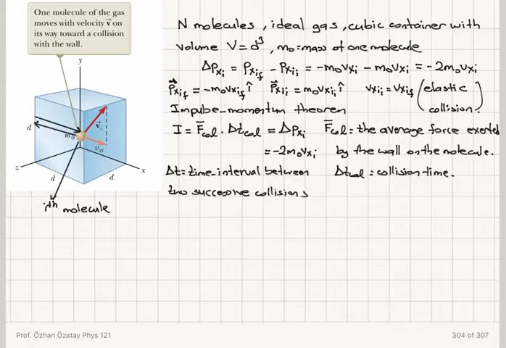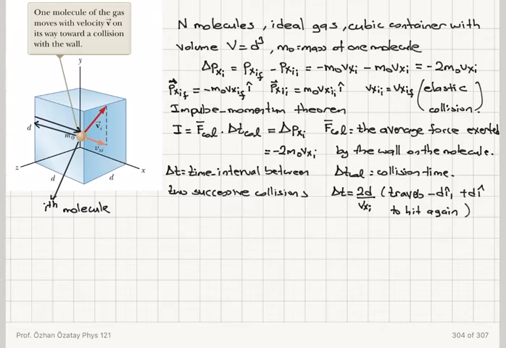So I'm talking about collisions with the same wall and same molecule. Therefore, this delta t is going to be 2d, the distance traveled, divided by vxi, the x component of the velocity of the ith molecule, because the molecule has to travel minus d i hat and plus d i hat to hit the same wall again.